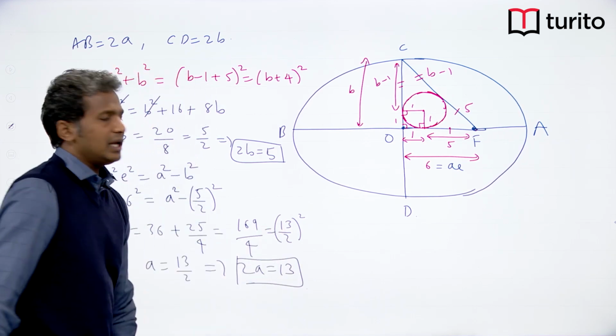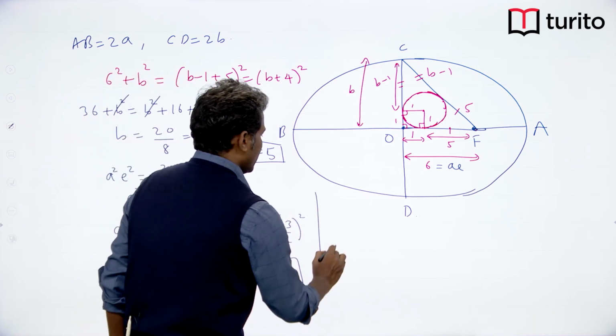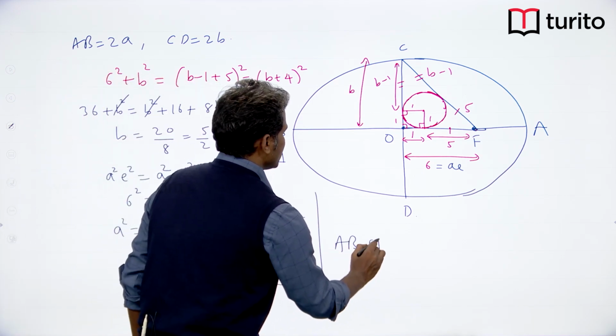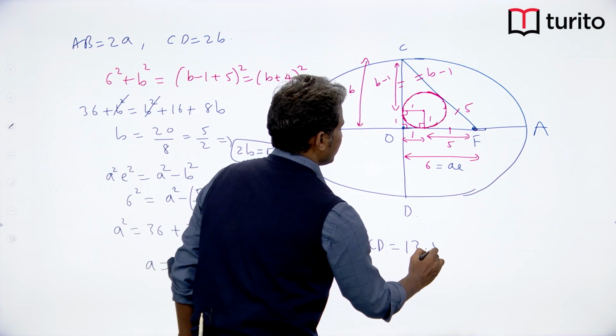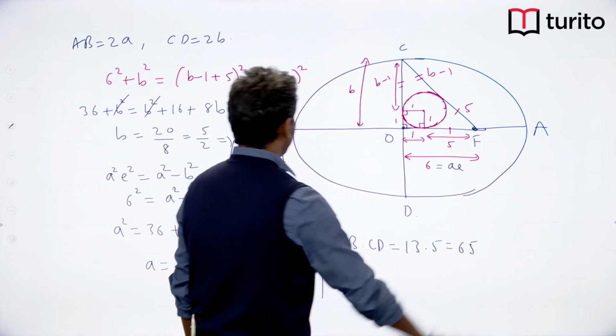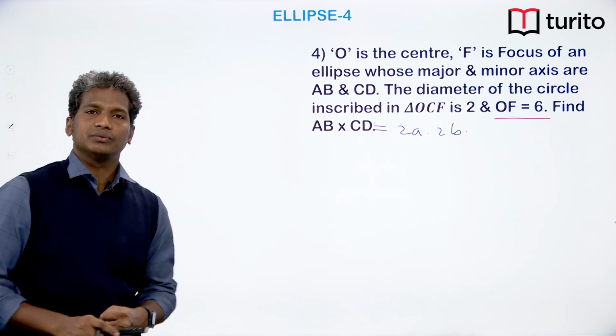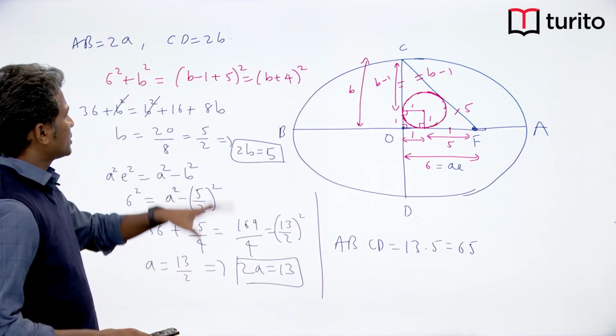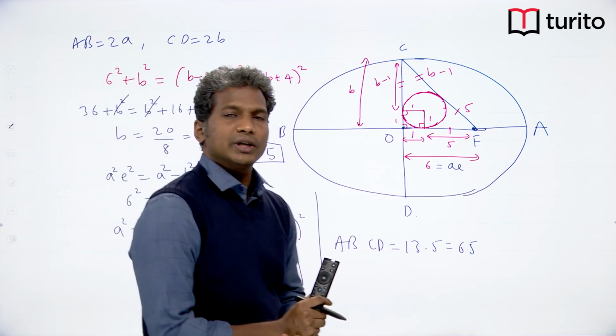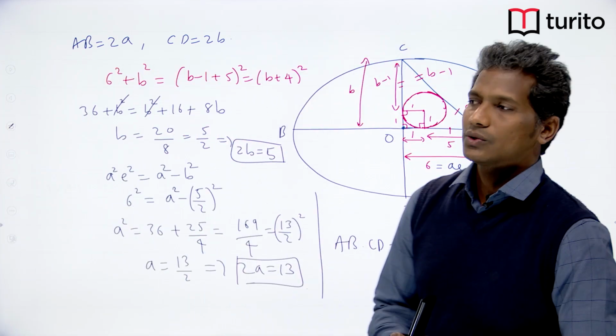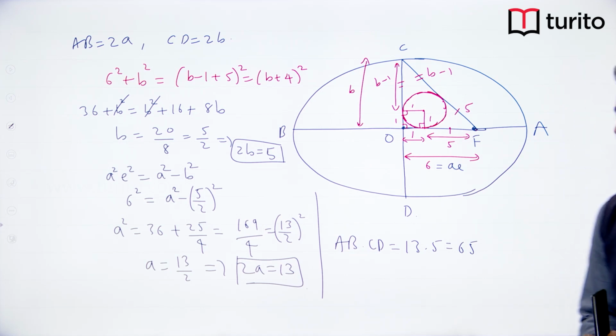So what will be AB into CD here? AB into CD is going to be 13 into 5, which is 65. This way we can calculate the required value, and this way we can solve this problem. If you look at this, we have used only pure geometry to solve this problem. Okay, so come on, make a note of this.